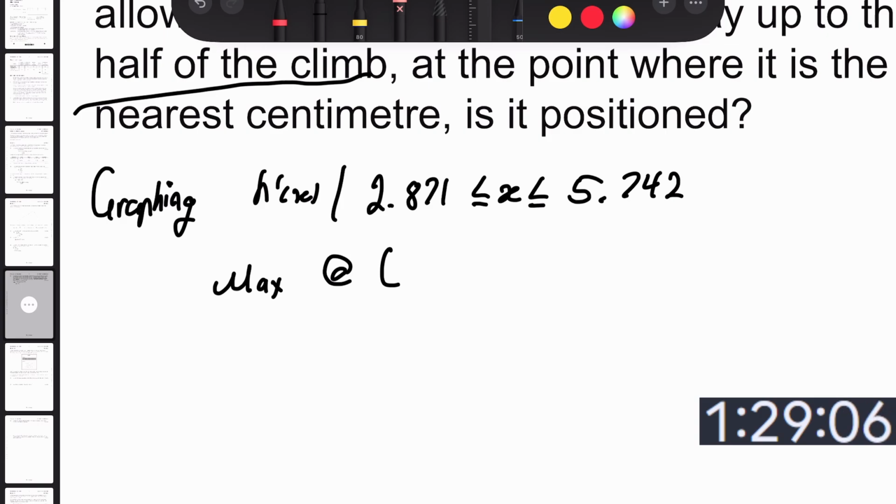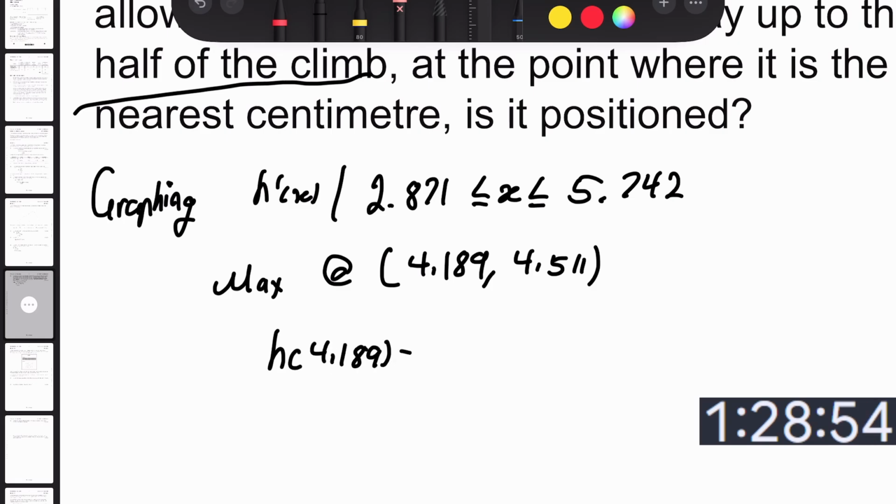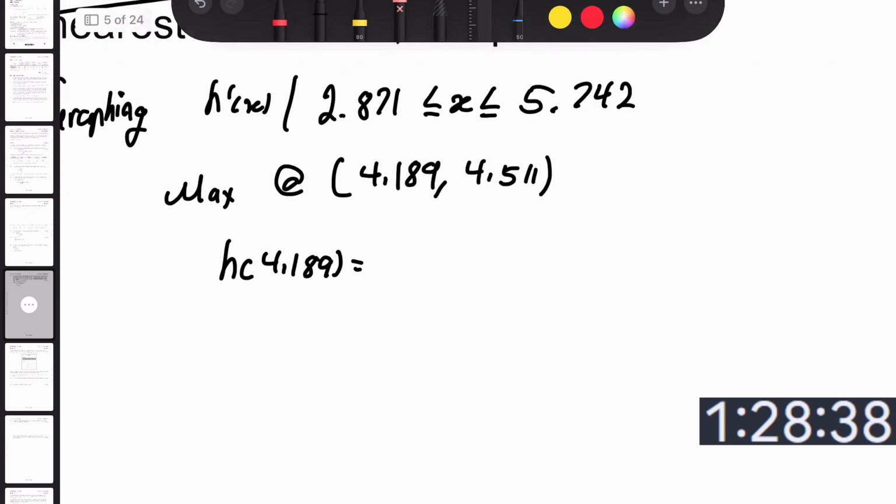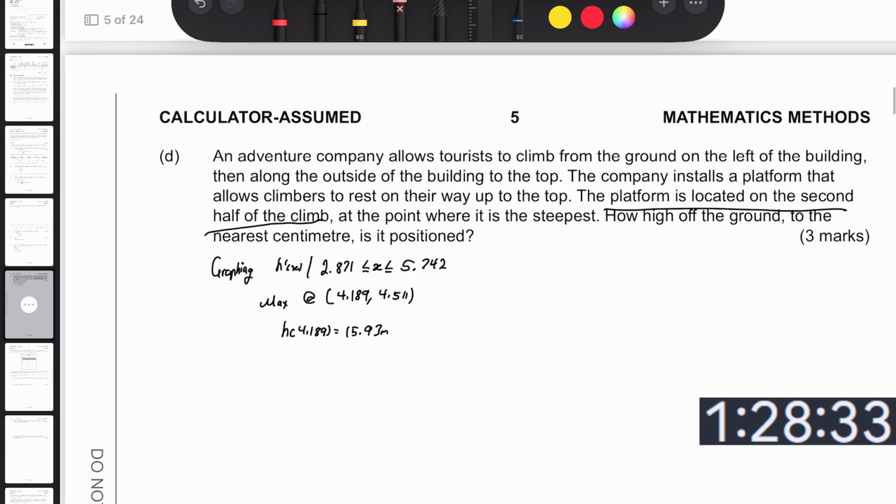CAS is loading. 4.189. So then h of 4.189 is equal to... given that x is equal to 4.189 as a decimal, this is 15.93 meters.